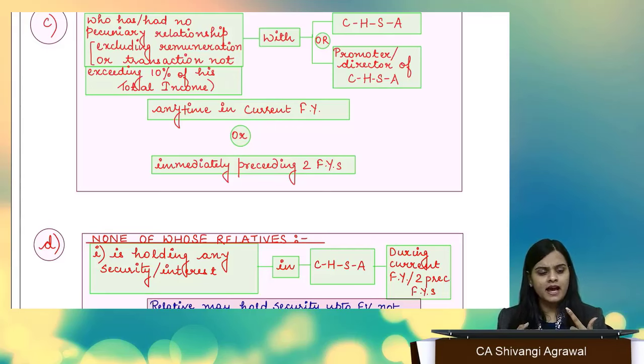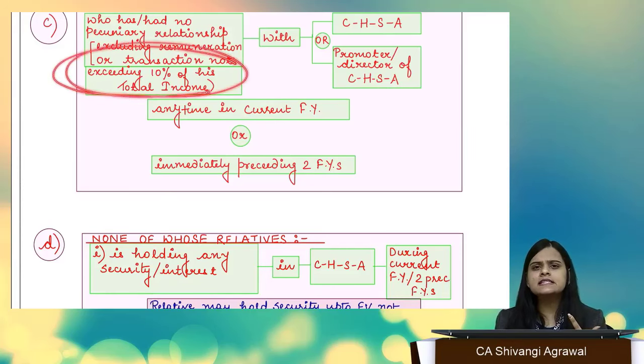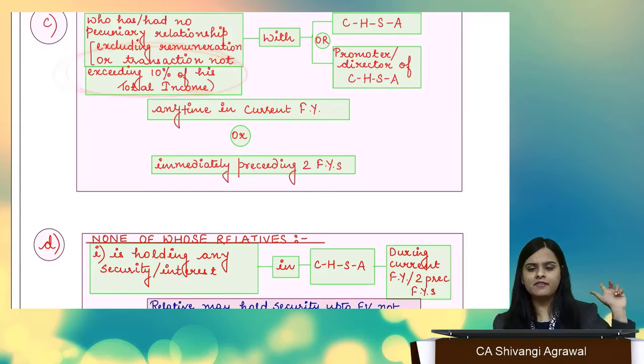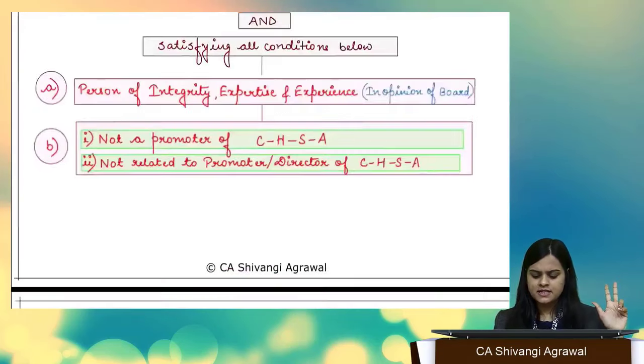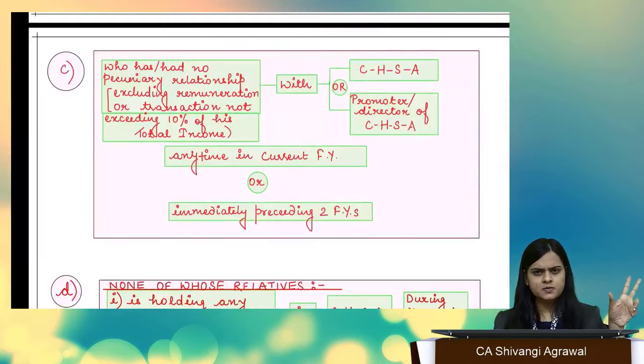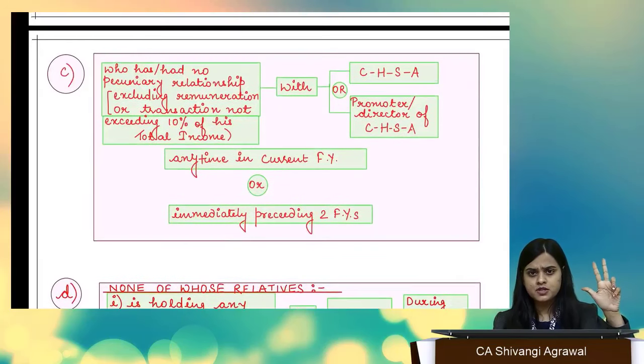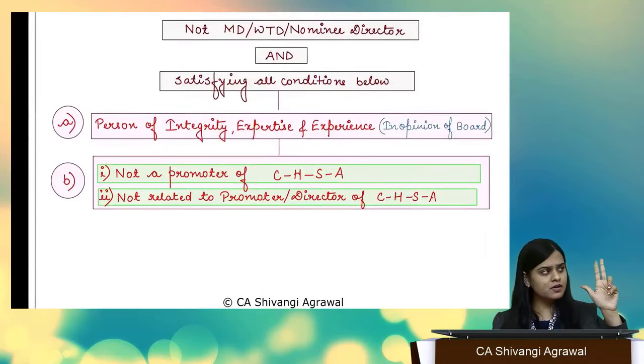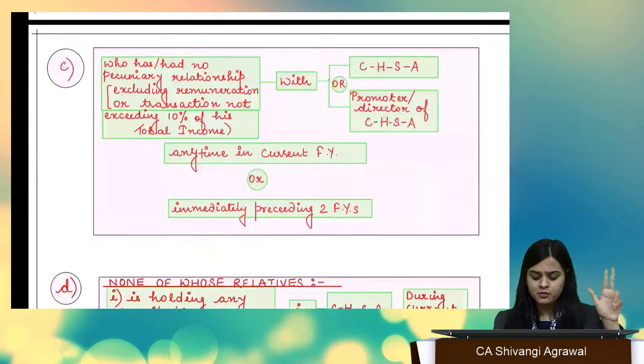It is quite relaxed: if your pecuniary relationship does not exceed 10% of total income, it's okay, you may have it. Still you will satisfy the criteria of independence.